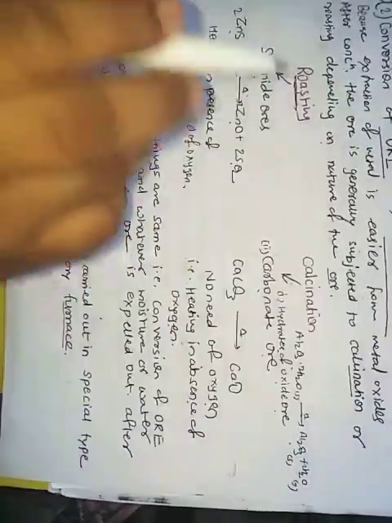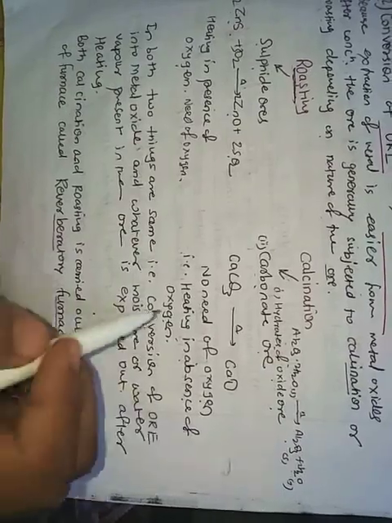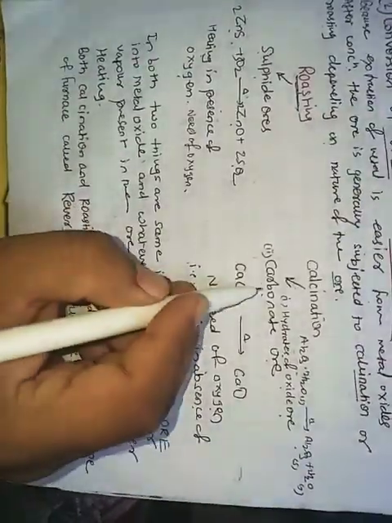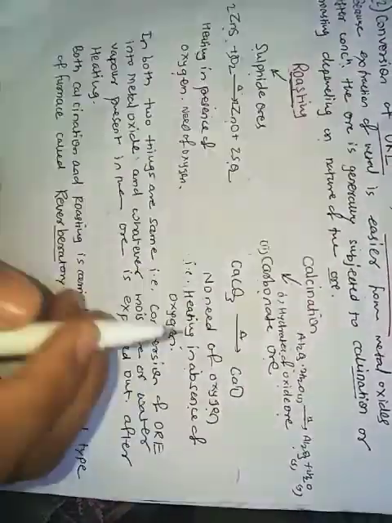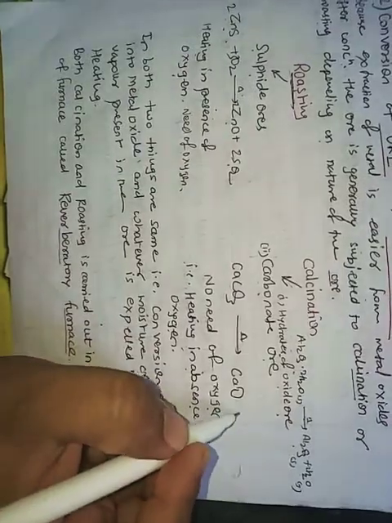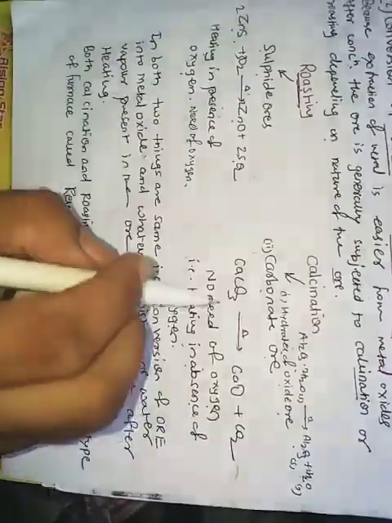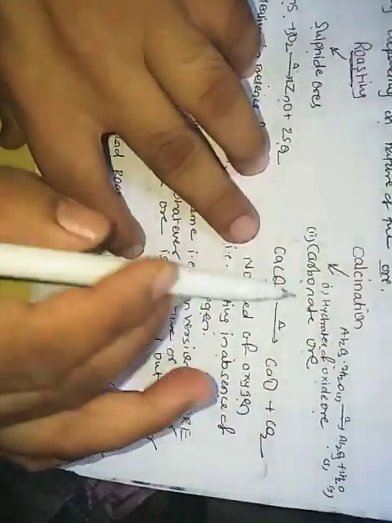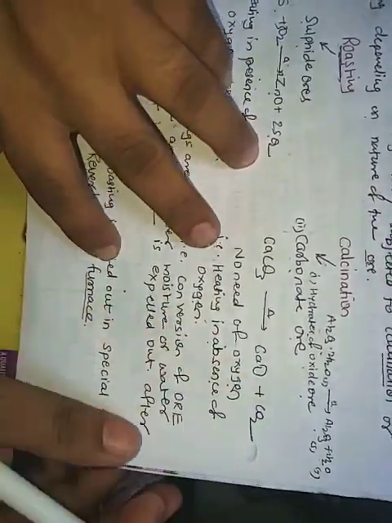Keep in mind, in roasting, heating is in the presence of oxygen, and in calcination, heating is in absence of oxygen. As you know, calcium carbonate, limestone, we can heat and you will get CaO plus CO2. Here there is no need of oxygen.